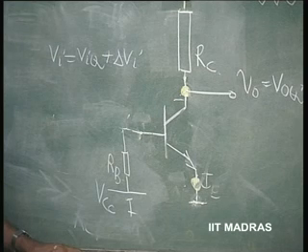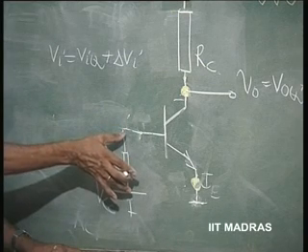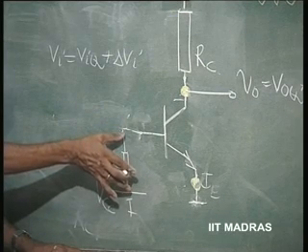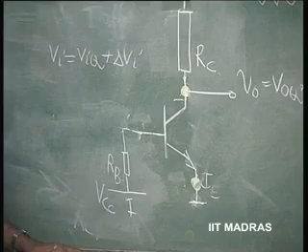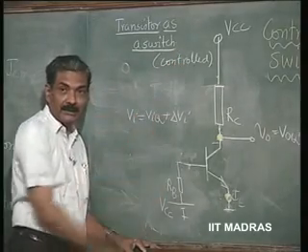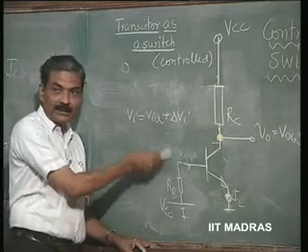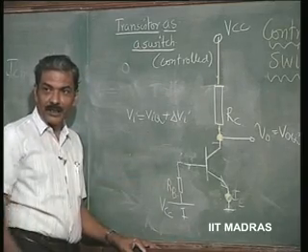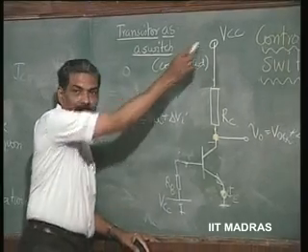This is now being biased by means of base current, no longer base voltage. Earlier I was putting a battery which was VIQ. Now, no longer is a battery put. I am having the same battery VCC and putting a series resistance there. I do not want to use another battery. I would like to use the same battery here.